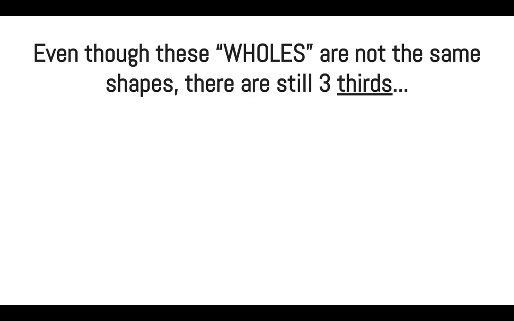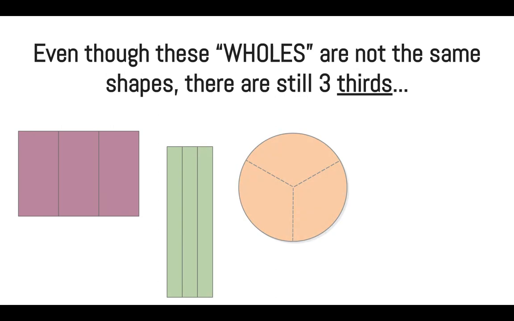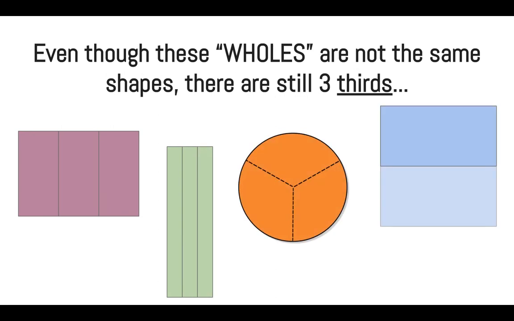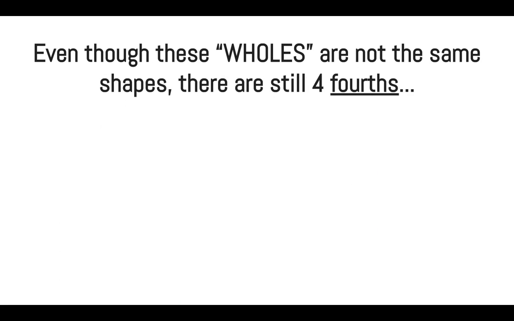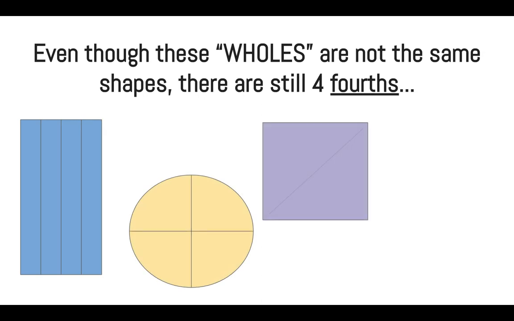Even though these shapes don't look the same, they are still divided into thirds, because in each of these shapes, there are three equal parts. Again, even though these shapes do not look the same, there are still four fourths. Each of these shapes is divided into four equal parts.